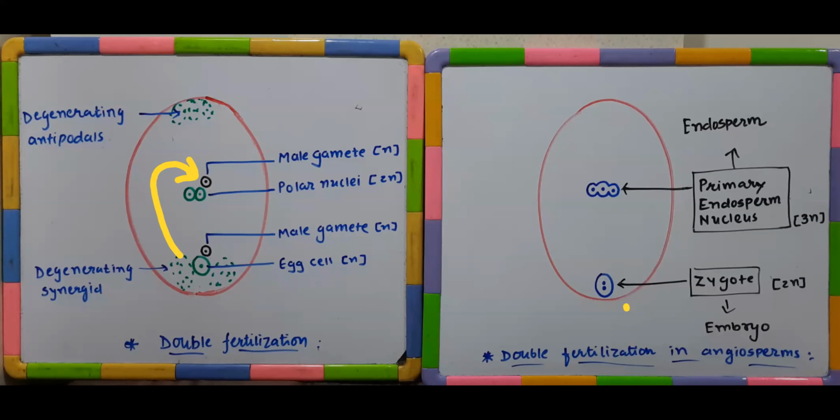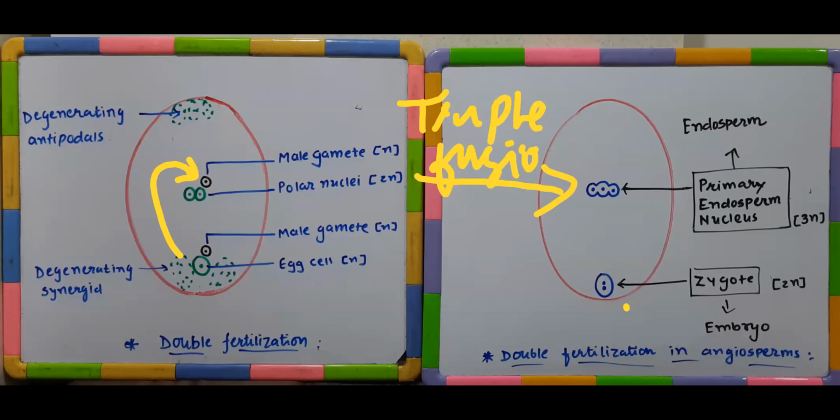One male gamete reaches them and fuses with them. The process is known as triple fusion.